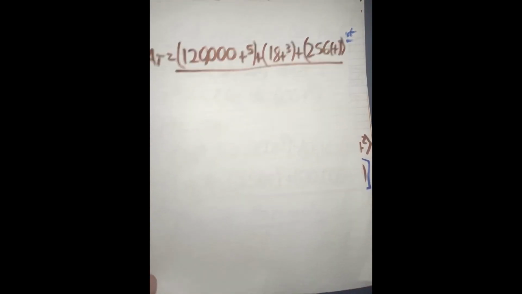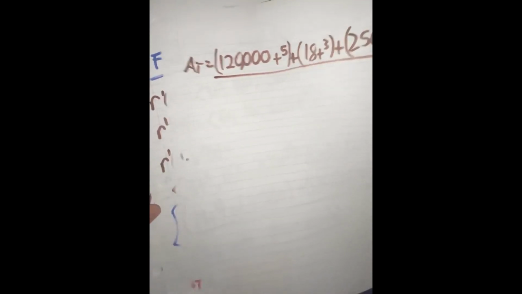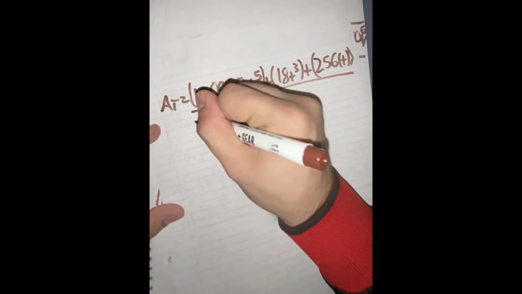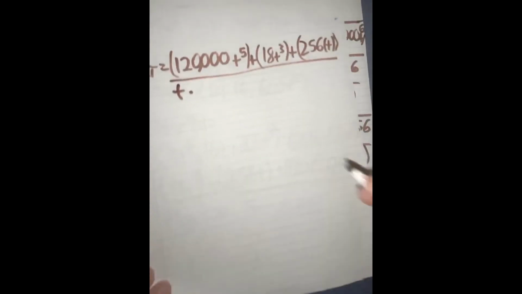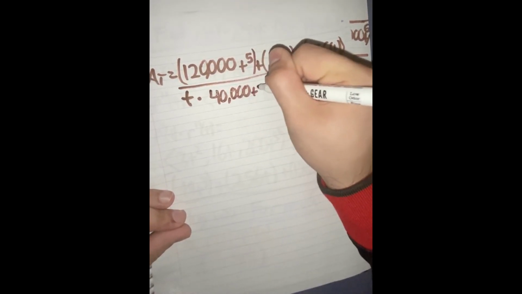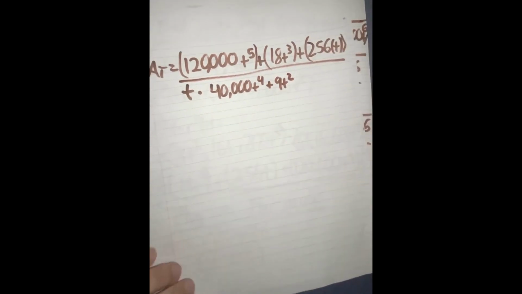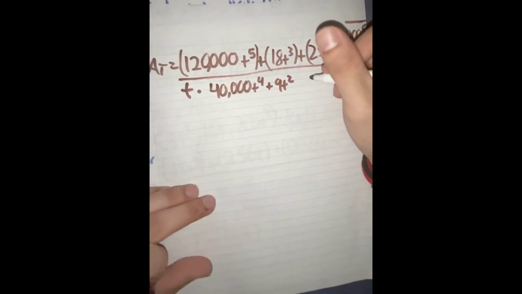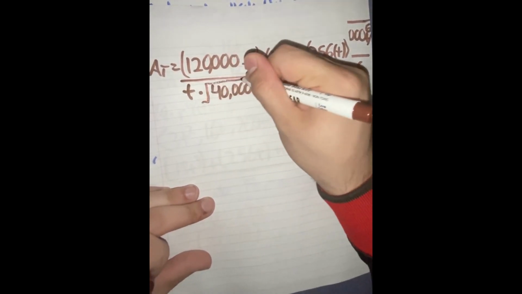And we are going to divide this by our magnitude of velocity. Our r prime of t magnitude was t times 4000t to the fourth plus 9t squared plus 256, and all this was inside a square root.